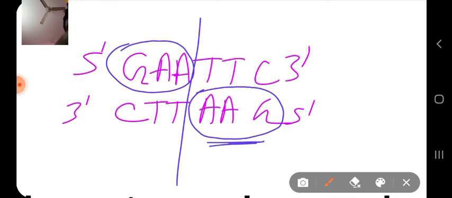So this is the complementary DNA of this one. So the base sequence of the first half of one strand of DNA molecule is the mirror image to the second half of its complementary DNA strand.